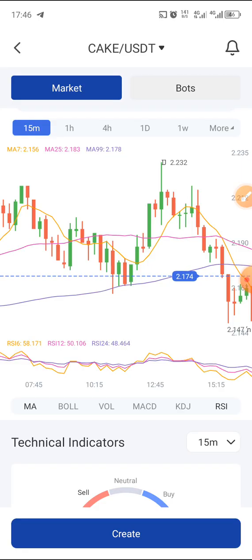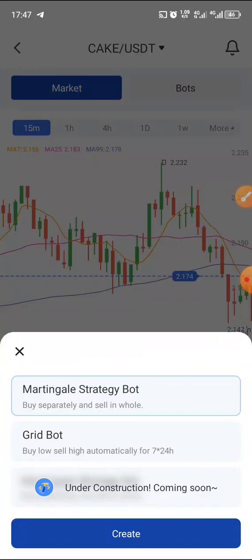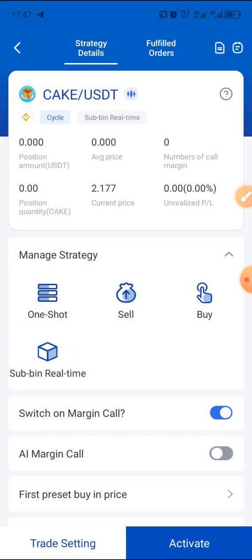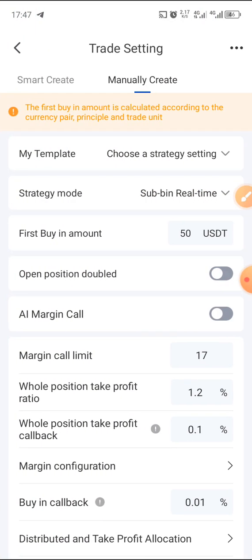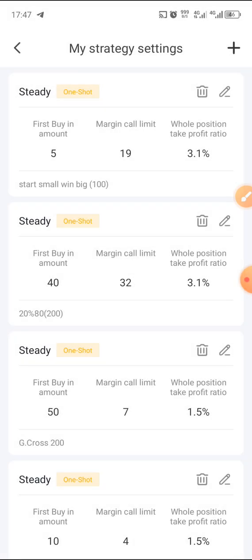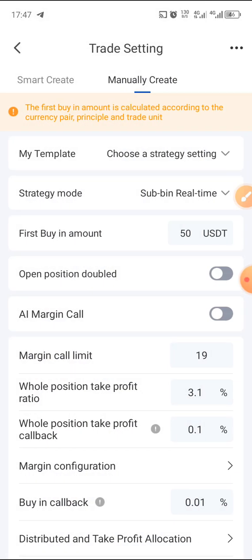So if you get a coin of your choice, like today I'm going to use Cake as an example, you tap on create, Martingale strategy bot, again create, then click on trade settings and click on manually create. Come on my template or choose a strategy setting. You choose a strategy.